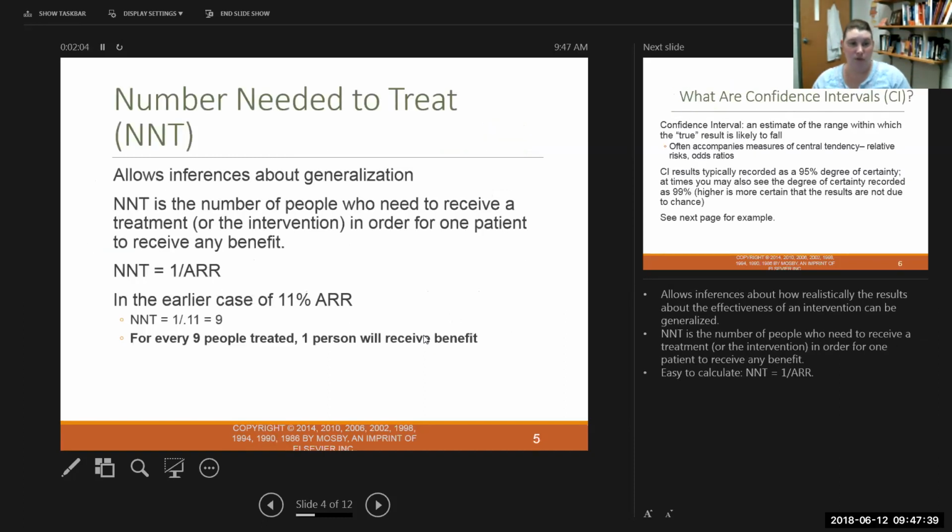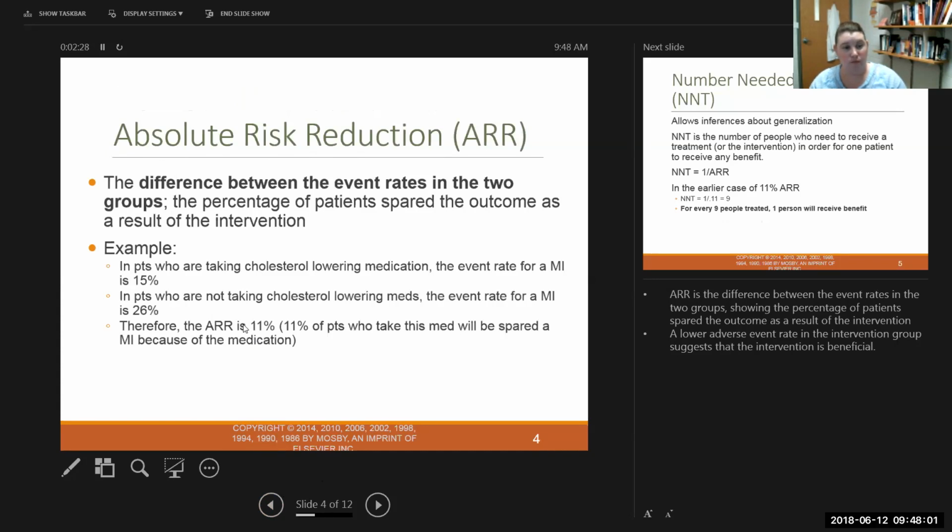The next number for us to look at is the number needed to treat. Number needed to treat is the number of people who need to receive a treatment or intervention in order for only one patient to receive any benefit. So again, as we said in our previous example, 11% of patients taking this med will be spared a heart attack because of using the medication.